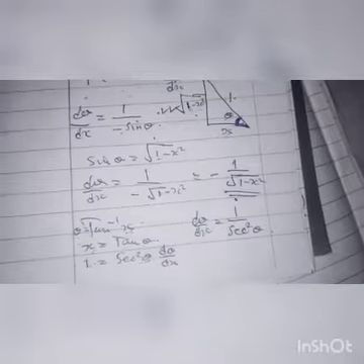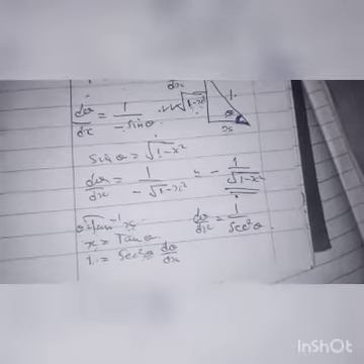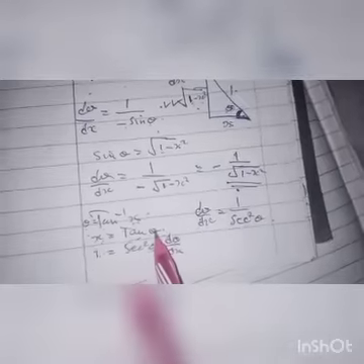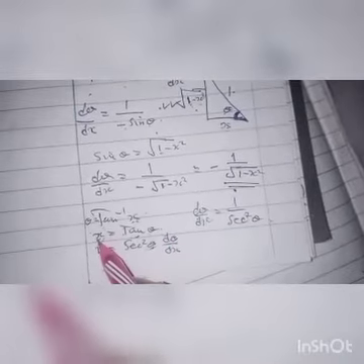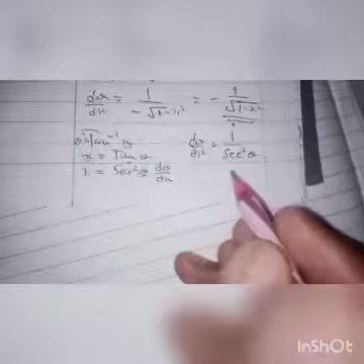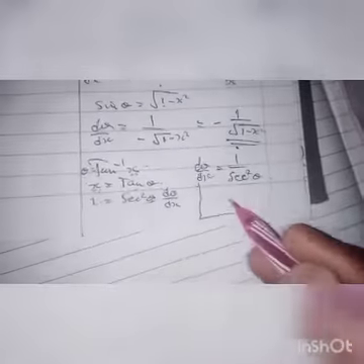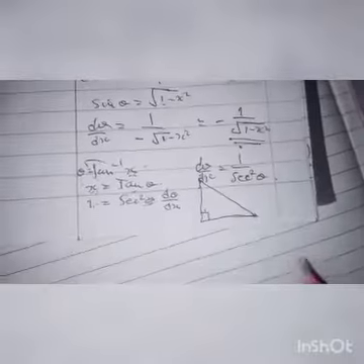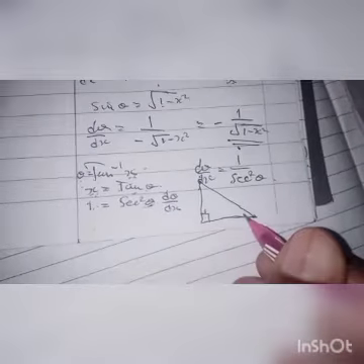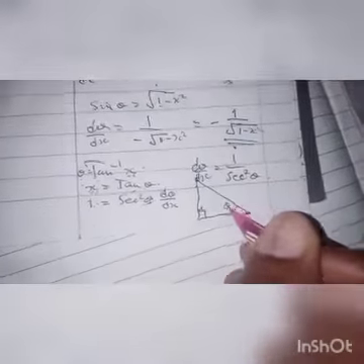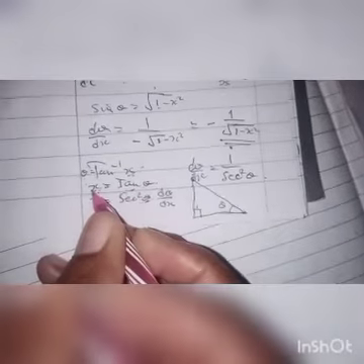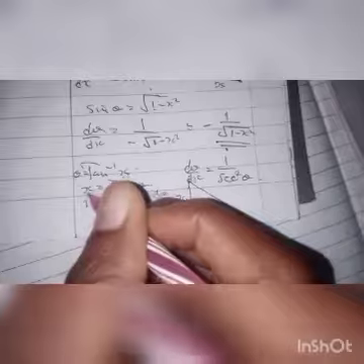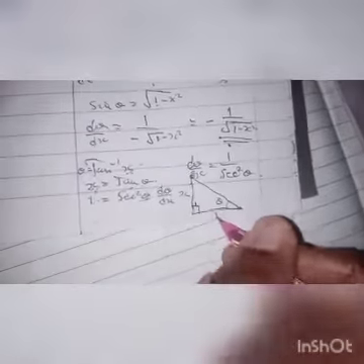Since tan of theta is x, draw your triangle and apply the Pythagoras theorem. Assuming this is theta, then tan theta is just opposite over adjacent, which will be x over 1.